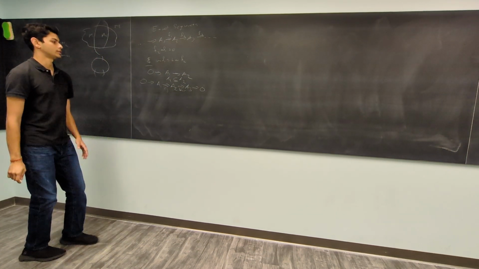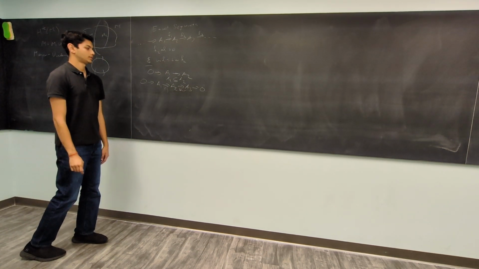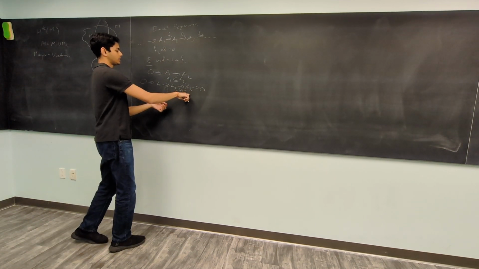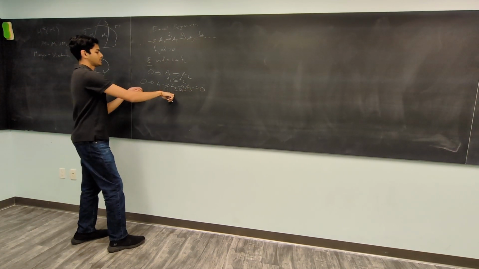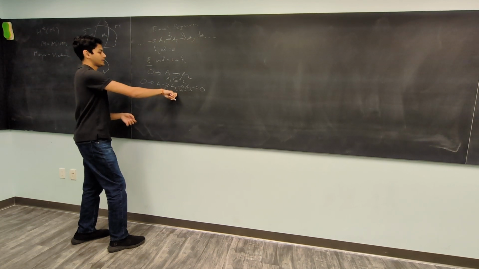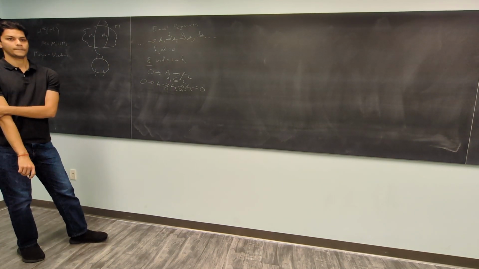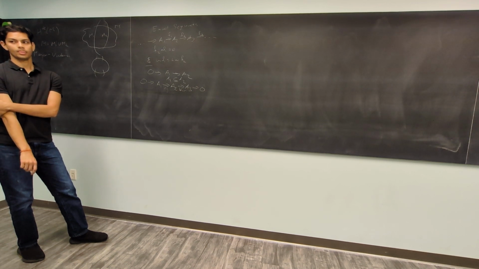But there's something else that you can say. Use exactness at this point to show that this map is surjective. Use exactness at this point to show that this map is injective. What about exactness at this point? A3 is A2 mod A1.